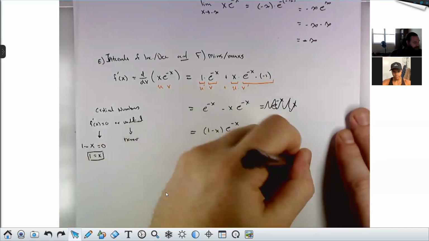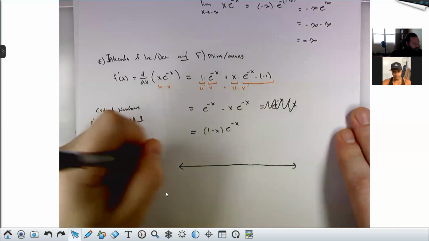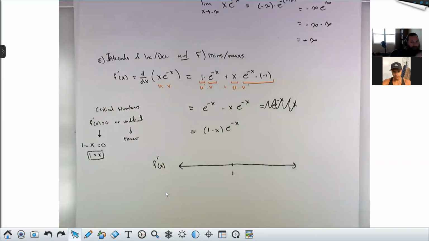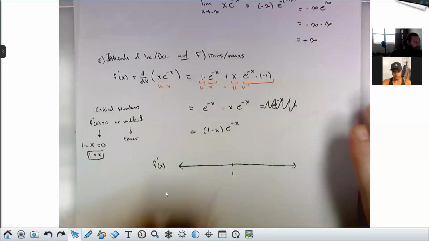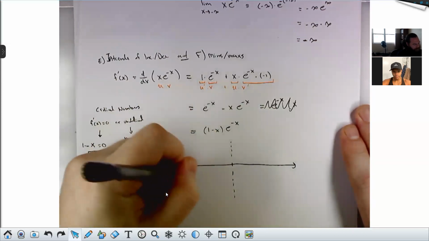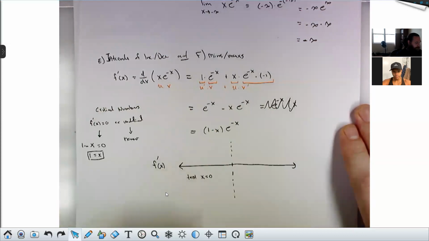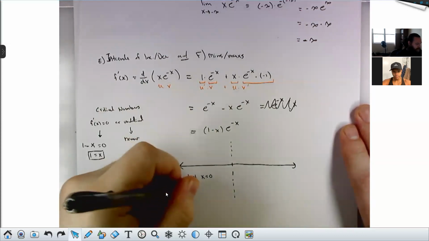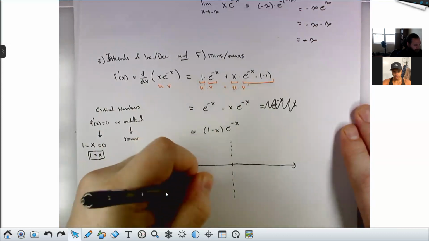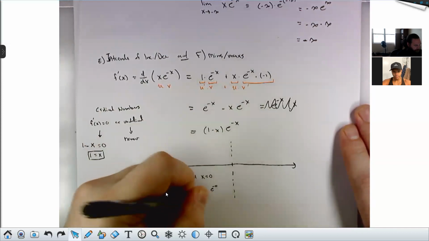So on my number line, I only have one number to put here, 1. To the left of 1, I could test x equals 0. F primed of 0 is 1 minus 0 times e to the negative 0, which is just 1.